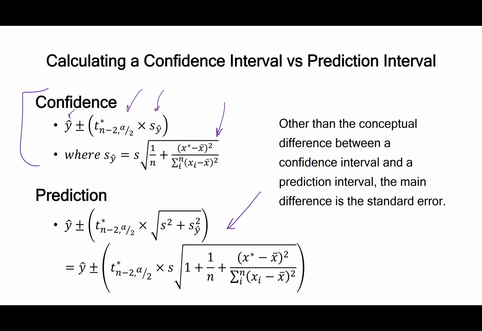We will never make you do this by hand. But if you look, the key difference is what they're multiplied by. This is times s of y hat, versus this is times the square root of s squared plus s squared of y hat. This is always bigger than that. So the prediction interval will always be wider.